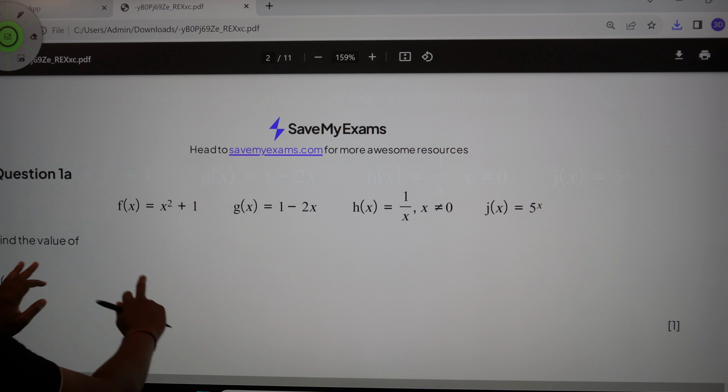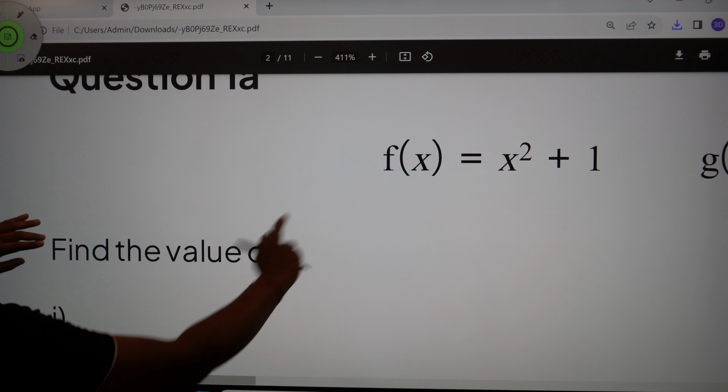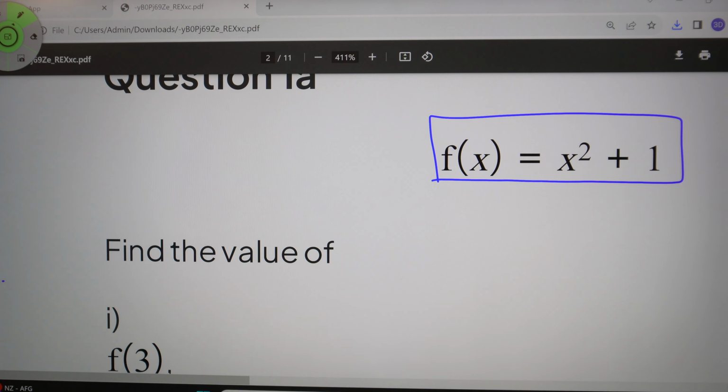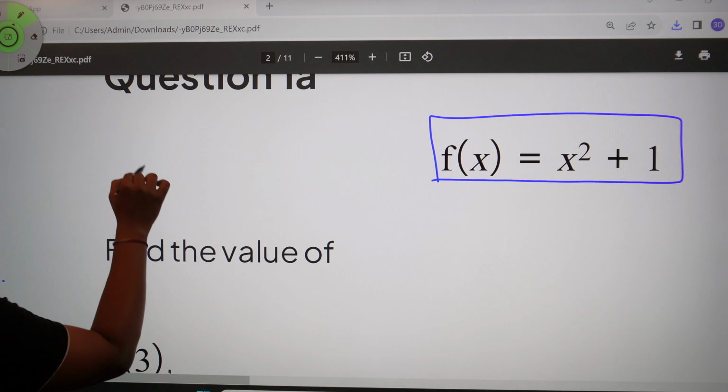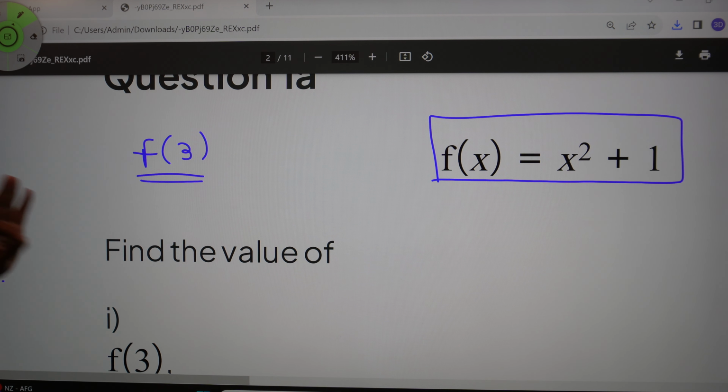Okay. Now you have been given different kinds of functions here. See, the function f of x is given like this, and the question is asking to find f of 3. Come on, everyone, calculate the answer and tell me what is the answer of f of 3. 10.